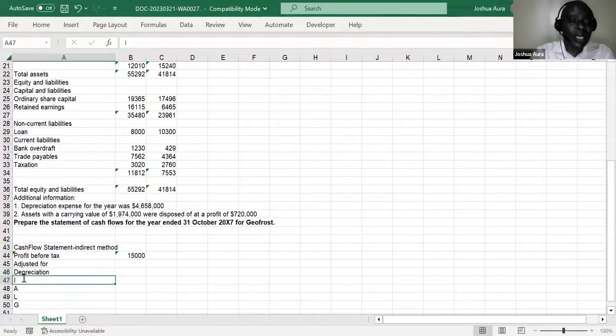We have here impairment of goodwill. This question doesn't have any impairment.